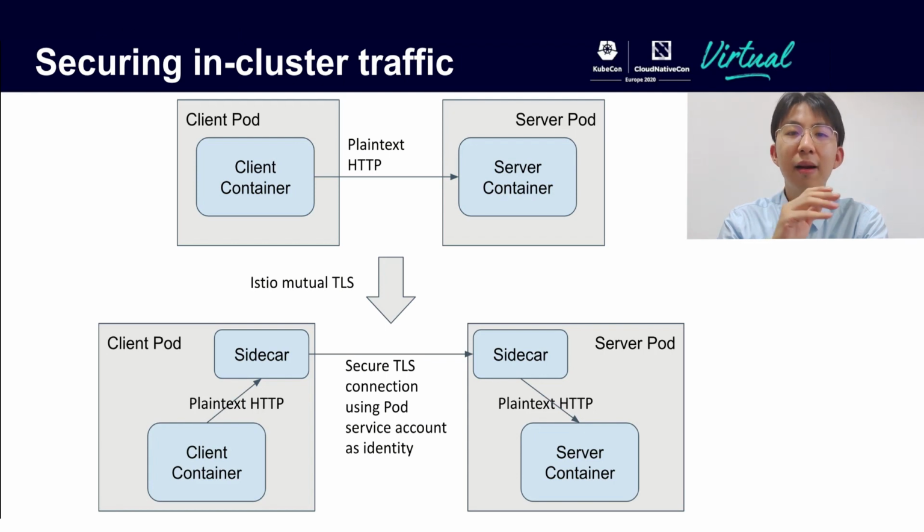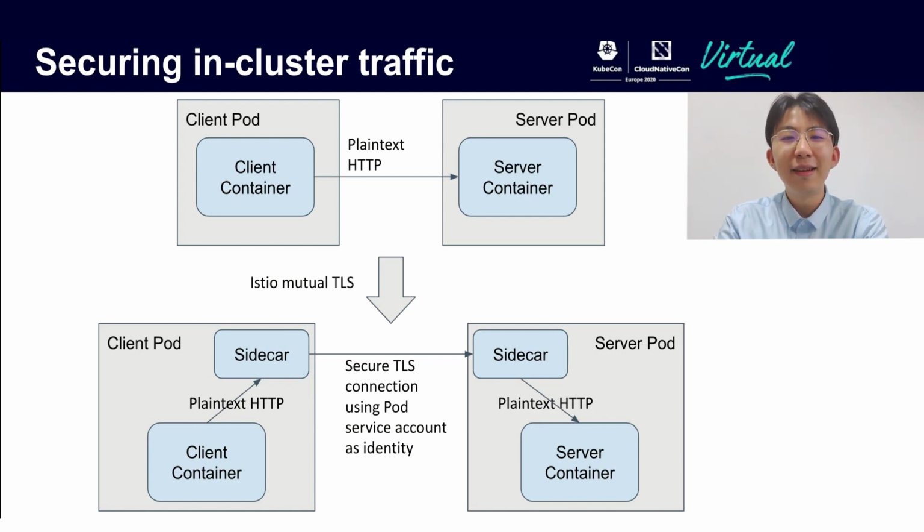Then the client sidecar knows how to secure the connection to the server sidecar. And the server sidecar talks to the server container in HTTP again. In this way, the client container and server container are still talking in plain text HTTP, but the connection between pods is secured by mutual TLS.